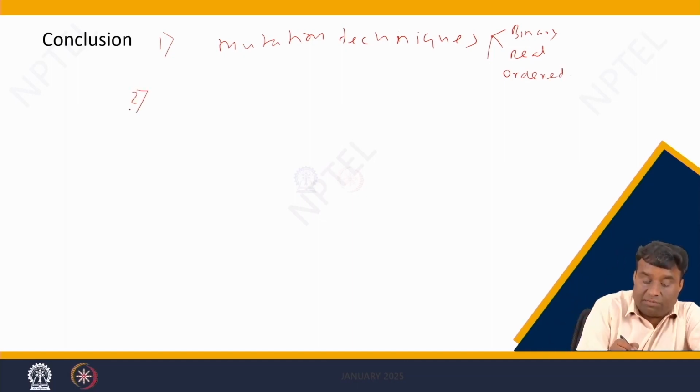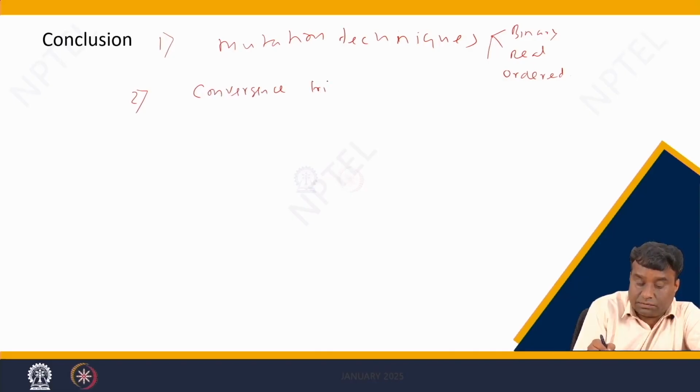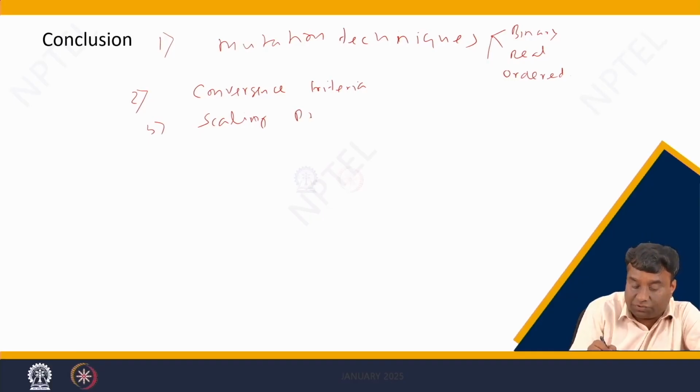Second, we have discussed the convergence criteria. And third, we have discussed the scaling strategy, scaling procedures.